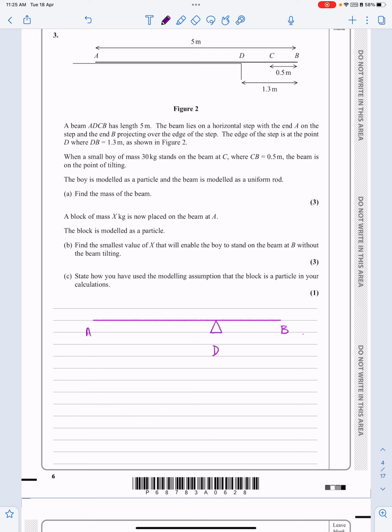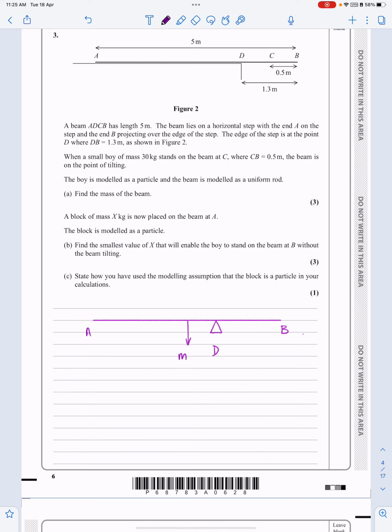And they gave me some lengths that I could put on. So I know that all of it is 5. The boy's mass is 30. I'm going to call the mass of the beam M. That's what I'm actually trying to find.